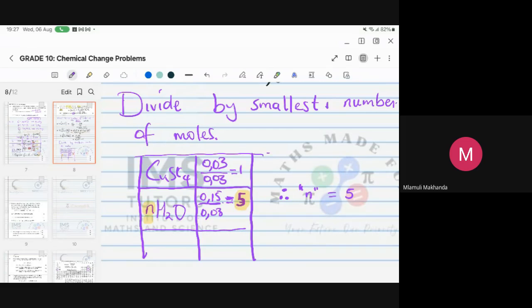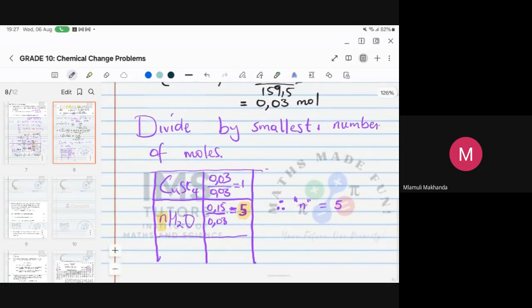And now, what does it actually mean? Water molecules typically bond in fixed ratios to hydrous salts in their crystal structure. So if you found that N is 4.2, you would have to make it 4. And if you found that N is 4.6, you would have to make it 5, because this always has to be a whole number.